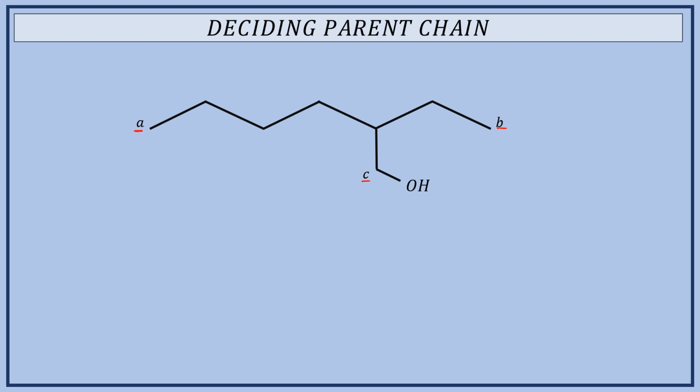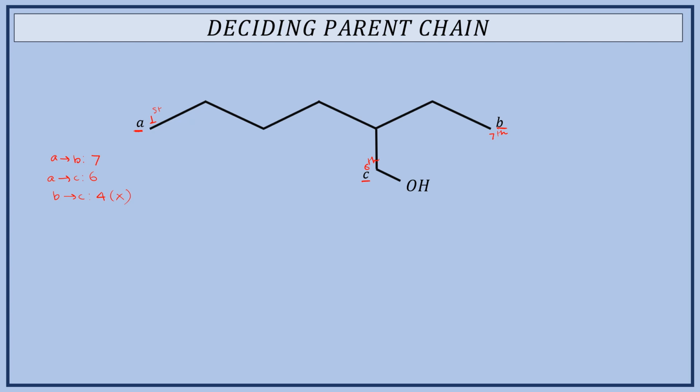Here, if we go from A to B, there are 7 carbon atoms, from the first carbon atom to the 7th carbon atom right here. If we go from A to C, there are 6 carbon atoms. And if we go from B to C, there will be 4 carbon atoms. We can discard it right here.